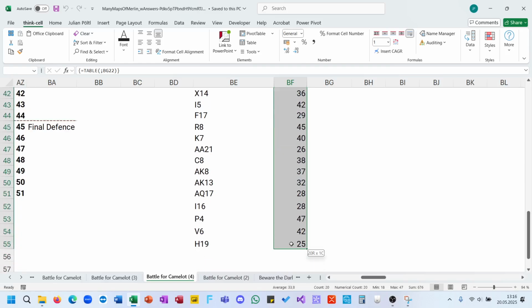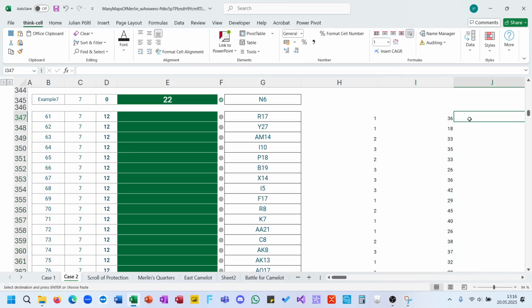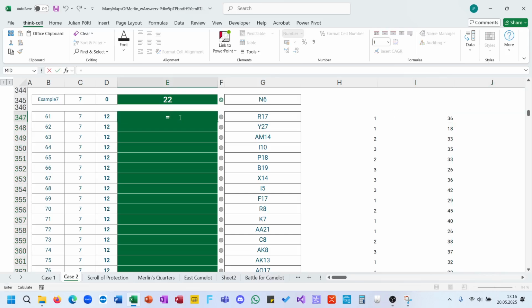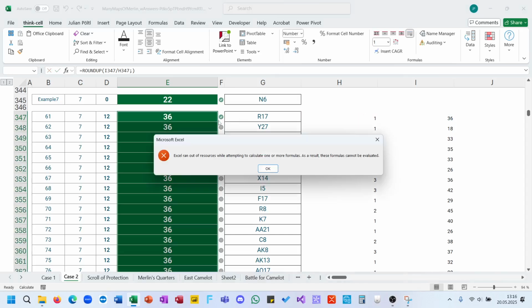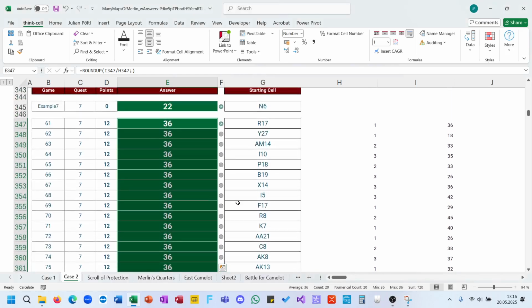Let's try this. And then equals round up. This divided by this. This can't be.